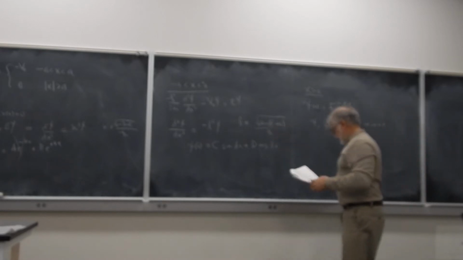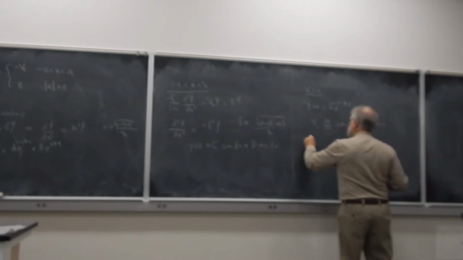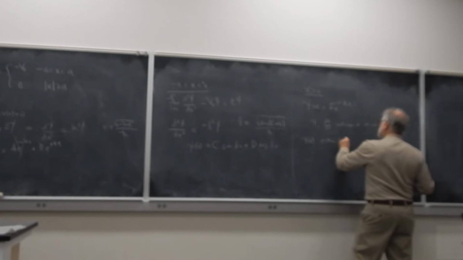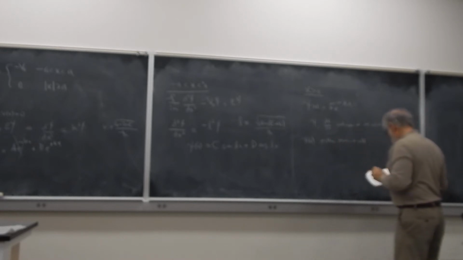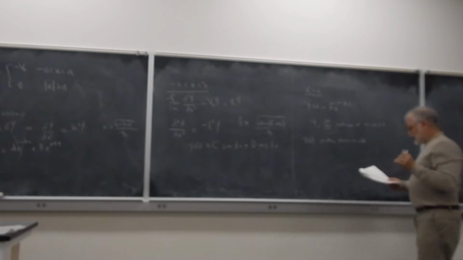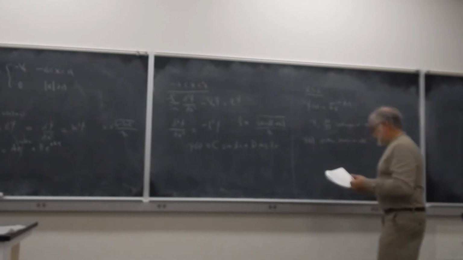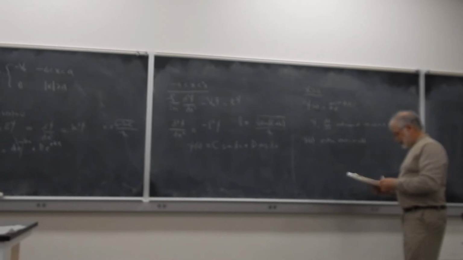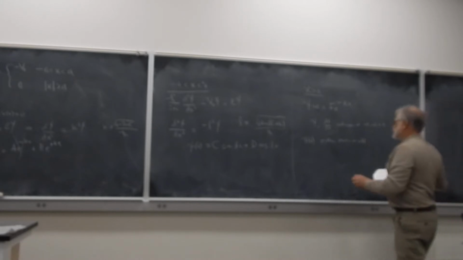Just by looking at it, you can see that. Therefore, psi of x must have solutions that are either even or odd. This means that we can impose boundary conditions at x equals a, and those at x equals minus a automatically apply. So let's just look at x equals plus a.